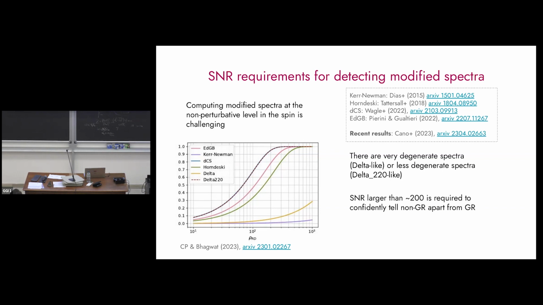Even if you have SNR 1000, you will not be able to tell the difference from GR at a sensible level. But then there are the good ones, which I think are the ones more similar to what we believe modified gravity looks like. In this case, if you are at SNRs around 200 or 300, then yes, you can tell the difference between GR and non-GR.